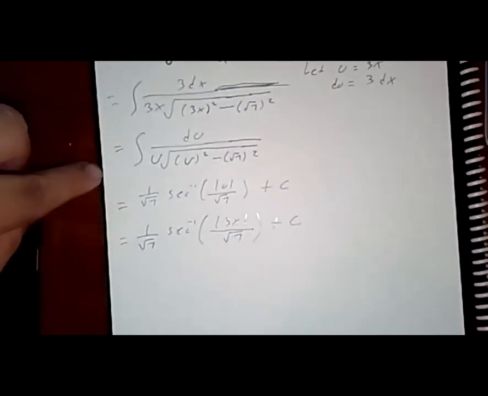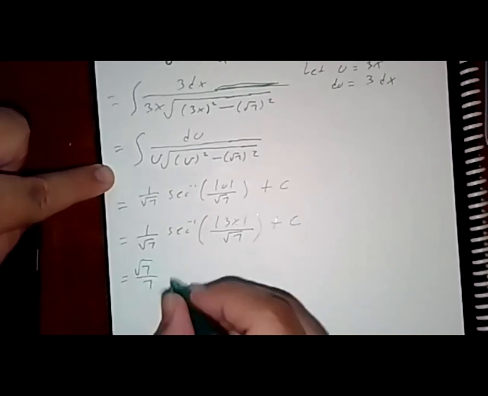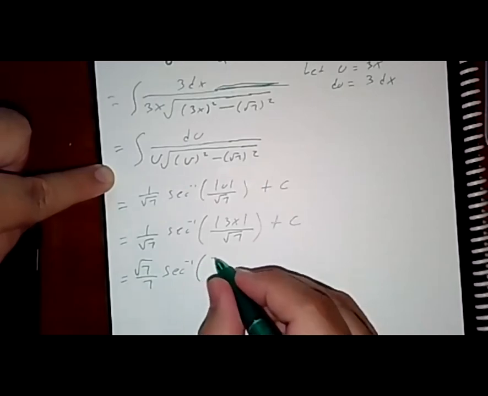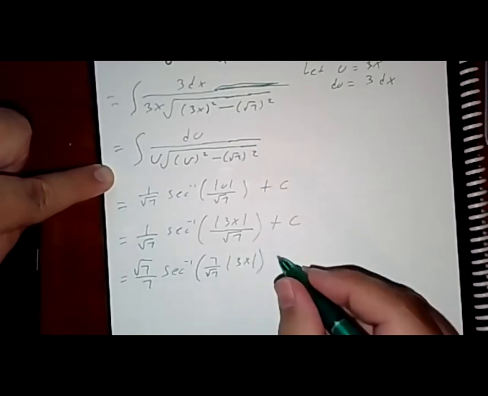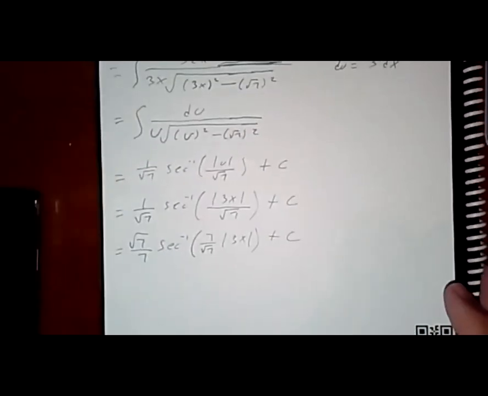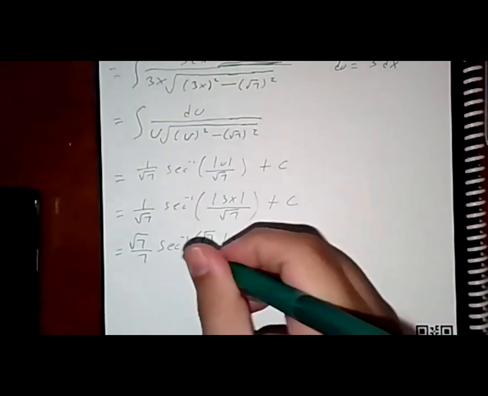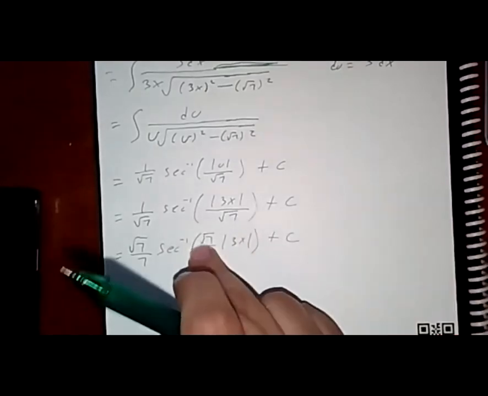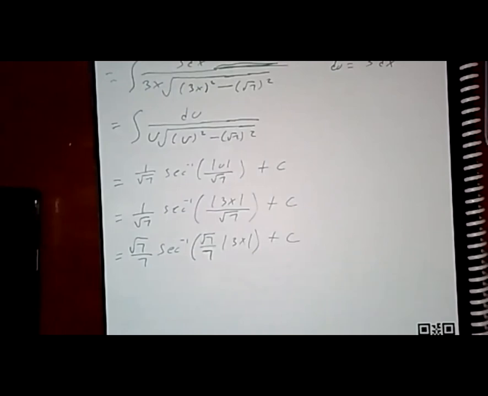And then if you rationalize, you would get square root 7 over 7 secant inverse of 3x over square root 7, plus c. You can put the whole thing inside the absolute value if you want to, but who cares? Doesn't matter. But yeah, I missed a step there. Thanks for mentioning it. Forgot about it.